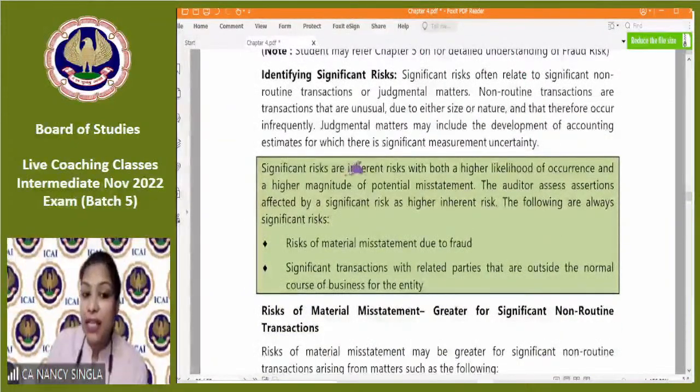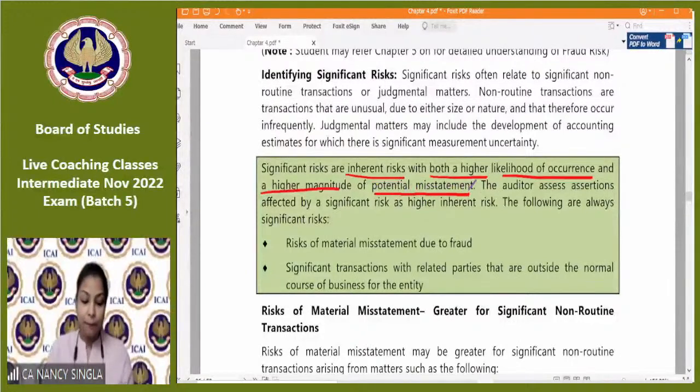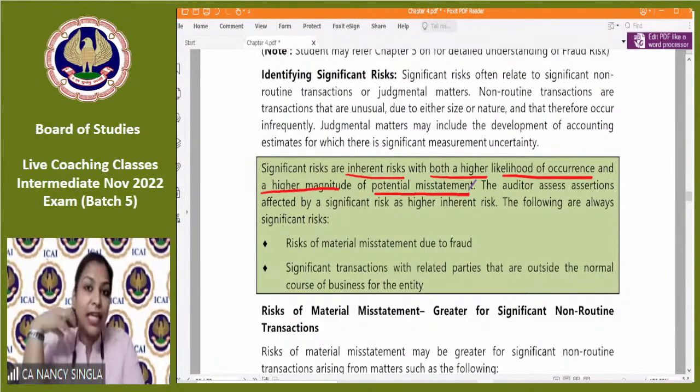So significant risks are inherent risks with both a higher likelihood of occurrence and higher magnitude of potential misstatements. This concept is explained in SA 315. See, all risks are significant. Auditor needs to concentrate on all the risks that he finds while he's assessing the risk of material misstatement.